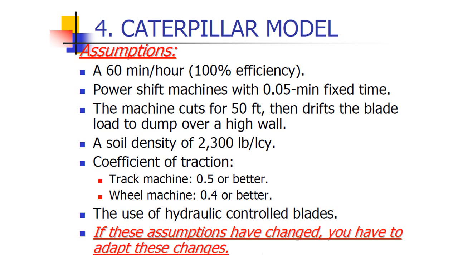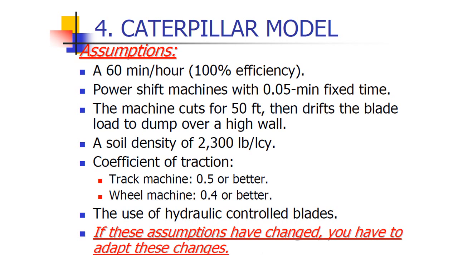But how could we adjust for soil density, for example? Simply speaking, if you are using a heavier soil, you should reduce the production by the ratio between the weight of the heavier soil and the 2,300 pound per LCY. If you are having a lighter soil, you will multiply by 2,300 over the unit weight of the lighter soil.